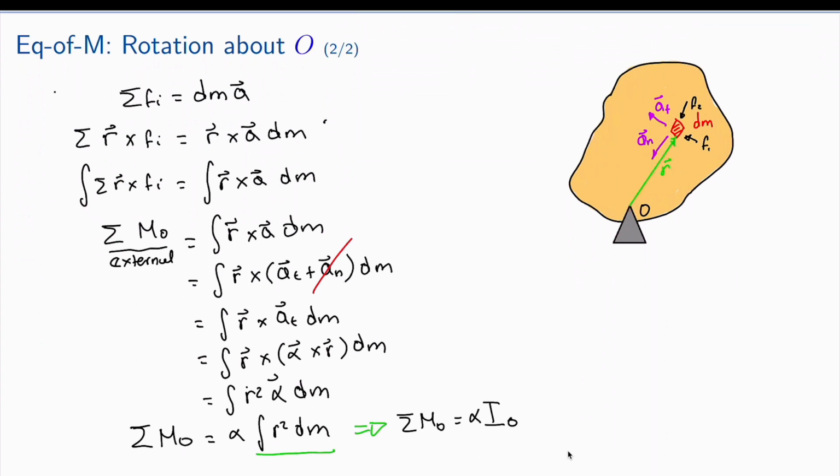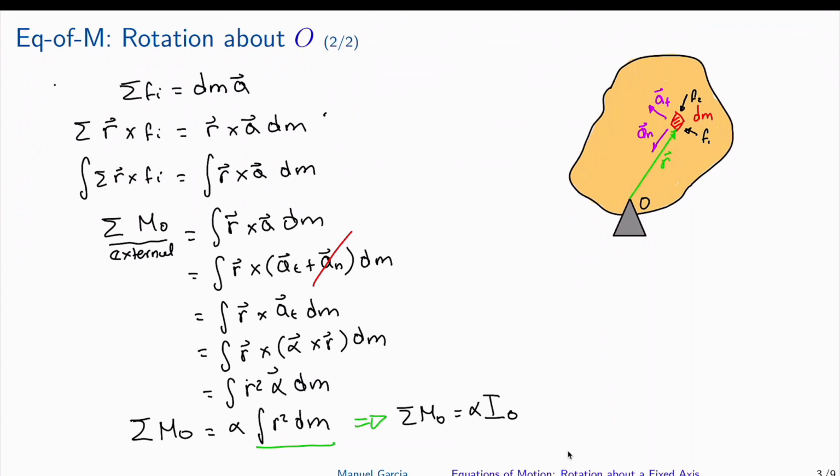Now, what is that moment of inertia? How can we deal with this moment of inertia with respect to O? Because we usually have the moment of inertia with respect to G. Let's put the point G there, assuming that this is the center of mass. So we can use the theorem of parallel axes.